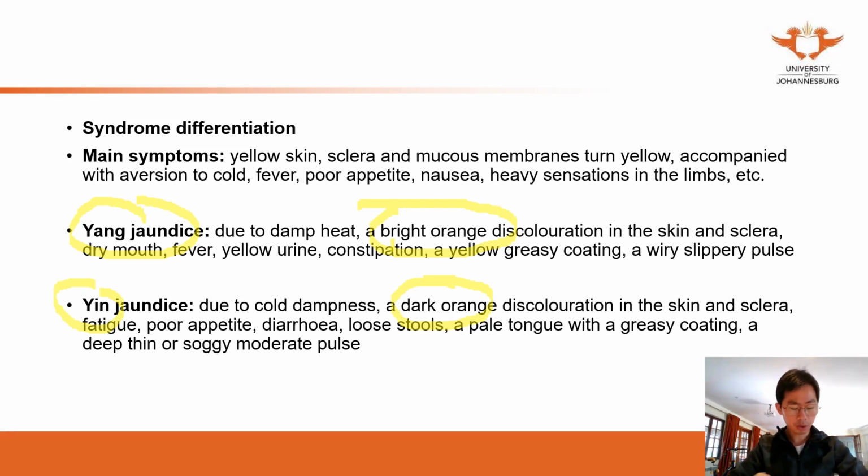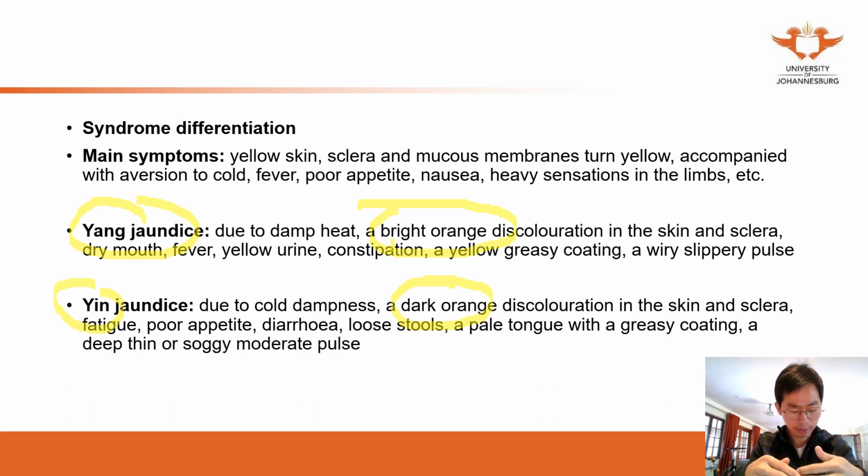Yang jaundice also has a sudden onset and a short duration of the disease. The patient may have fever, bitter taste in the mouth, dry mouth, and a yellow greasy coating.